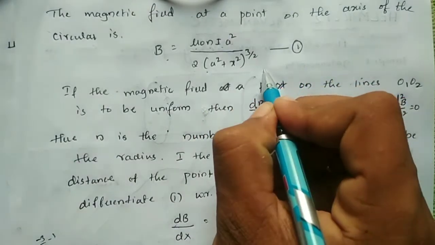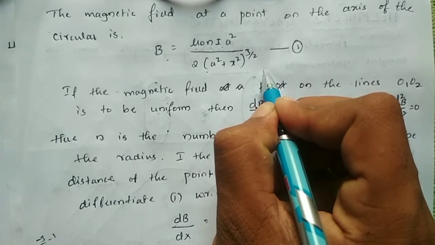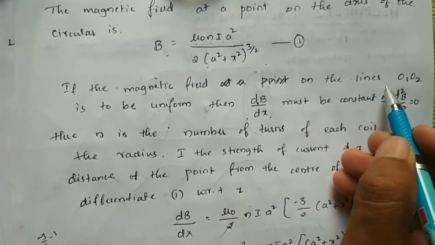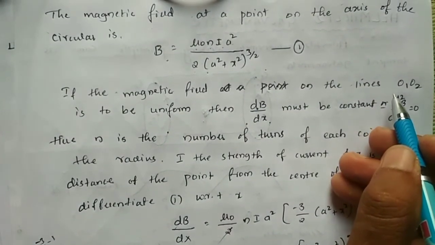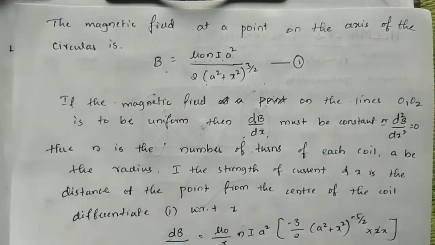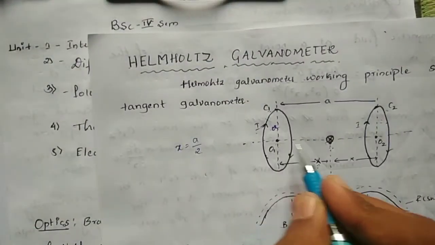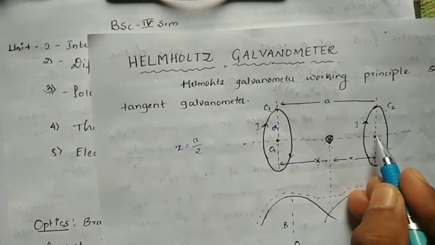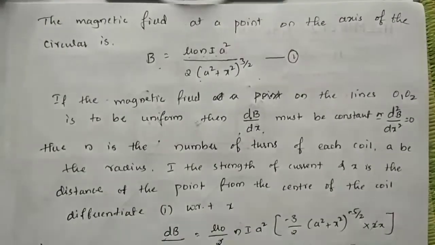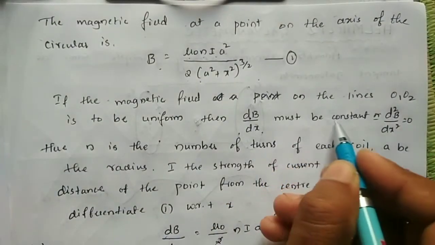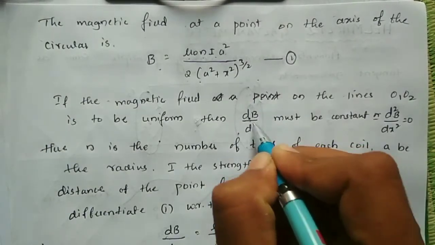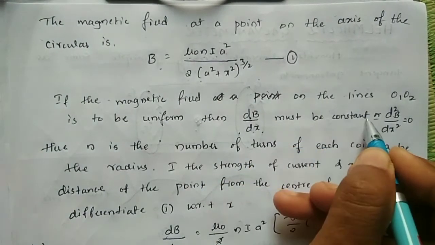We derived this expression in the last session. If the magnetic field on the line O1 O2 is to be uniform, then dB by dx must be constant, meaning the magnetic field at any point must be constant.